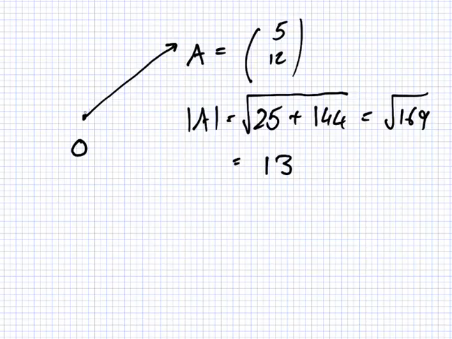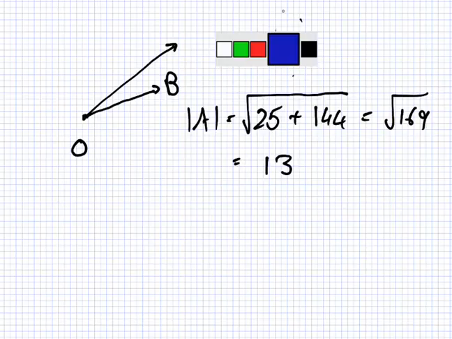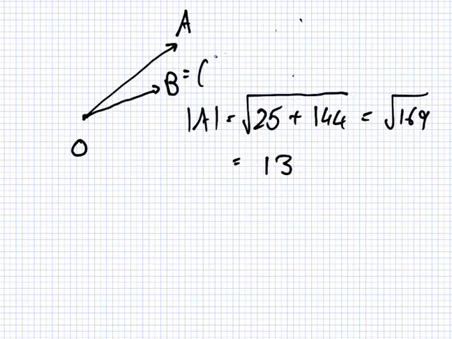Now let me draw another vector here. Let's say this one is B. I need to make some space. So let's say B is 3, 4, and A is 5, 12. Okay, what's the magnitude of B?